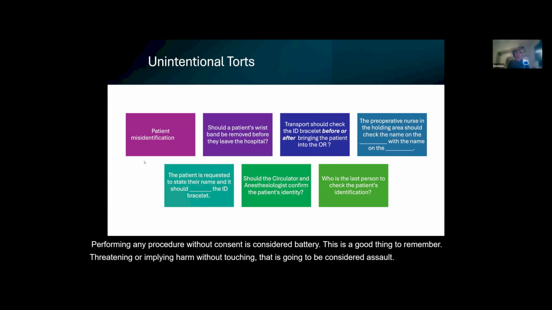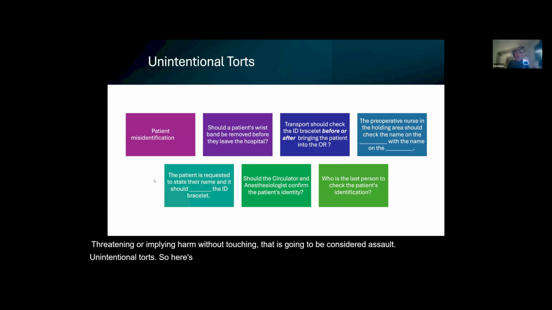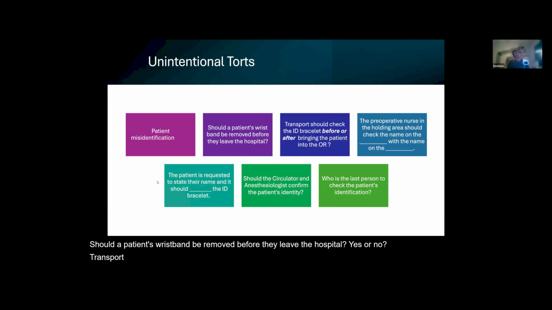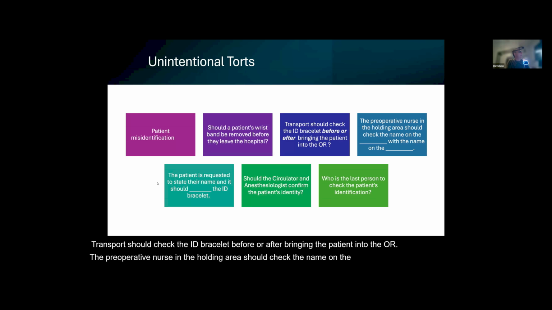Unintentional torts. So here are some examples. Patient misidentification. Here are some questions for you. Should a patient's wristband be removed before they leave the hospital? Yes or no? Transport should check the ID bracelet before or after bringing the patient into the OR? The preoperative nurse in the holding area should check the name on the bracelet with the name on the what?